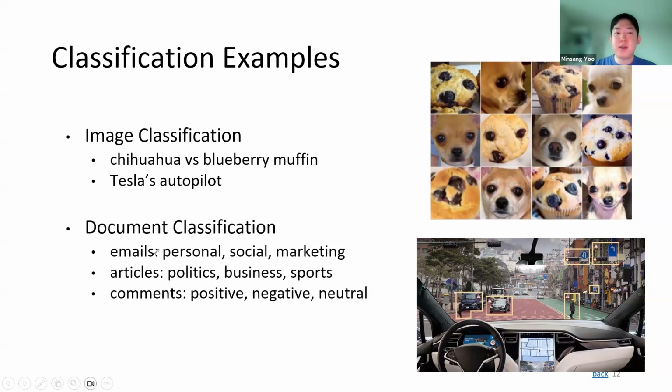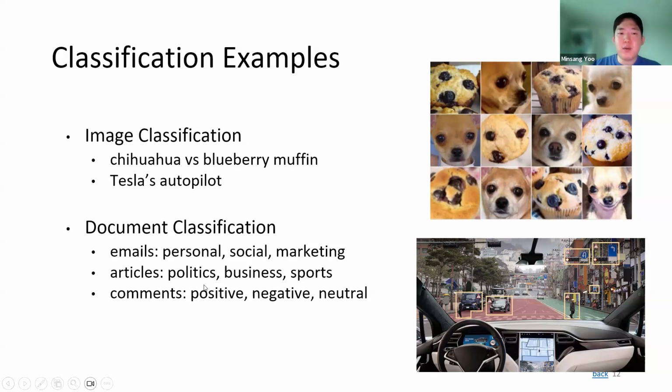And the emails, if you go into your Google, it divides the emails into categories: personal, social, or marketing. Articles: if you put in an article, you ask what kind of article this is, and it's going to say if it's politics, business, or sports.